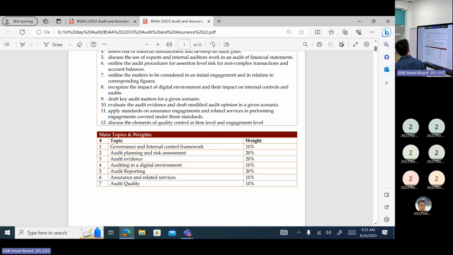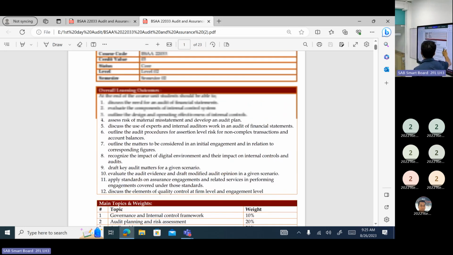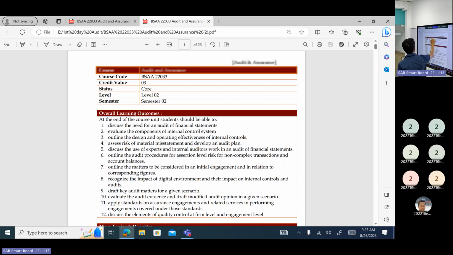Right. So what we are discussing here is what targeted areas we are going to cover through this subject. We are here to learn audit and assurance, right? Our subject is audit and assurance.